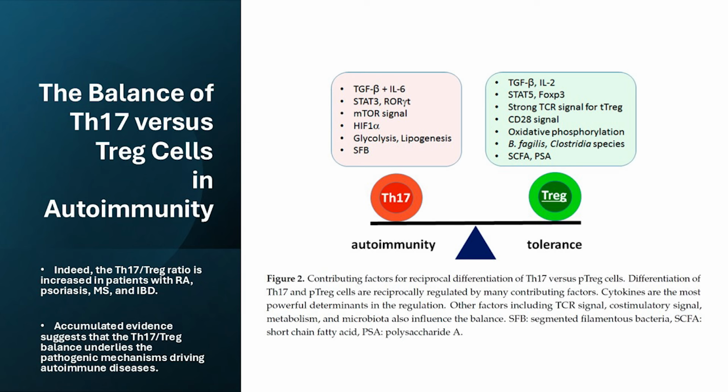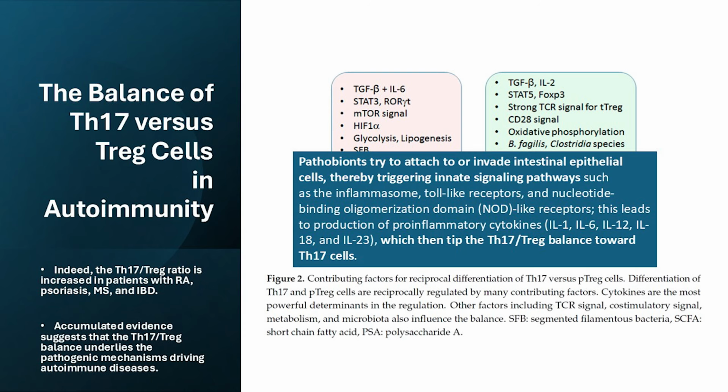What is that fire? How about dysbiosis? As these authors state, quote, "pathobionts try to attach to or invade intestinal epithelial cells, thereby triggering innate signaling pathways, which then tip the Th17 Treg balance towards Th17 cells."